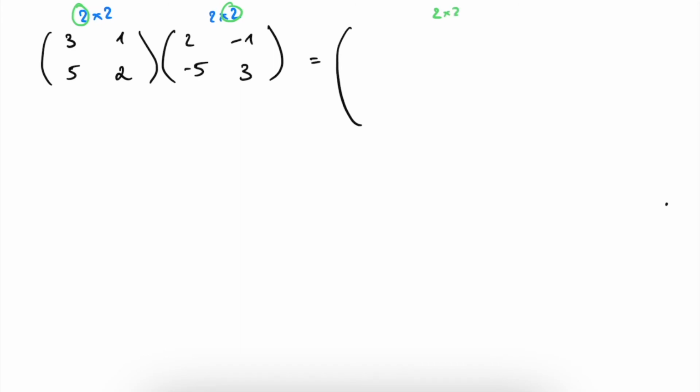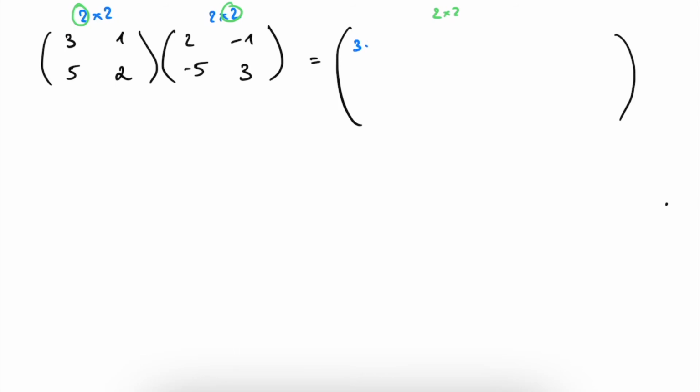So we'll have to calculate 4 elements. Again, now a bit faster. This first element on the first row and first column will be obtained by looking at the first row and first column.